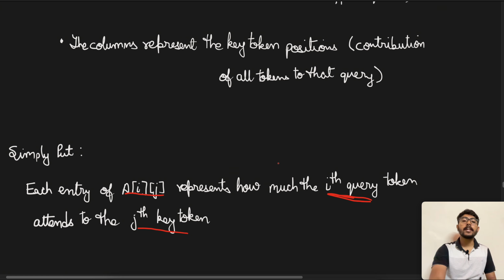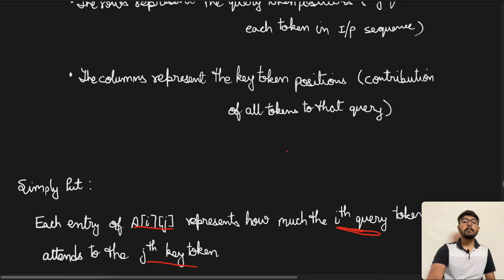Now, the ith query represents each query token in a row and their attention to the jth key token in that particular column. This can be a little tricky, but I'd suggest you think about it in a matrix format, where each row and each column meet at a point, and this point marks the attention score for this query token with respect to this key token.